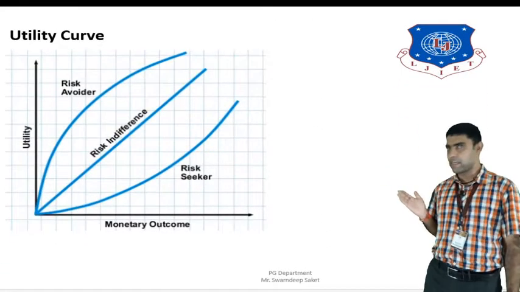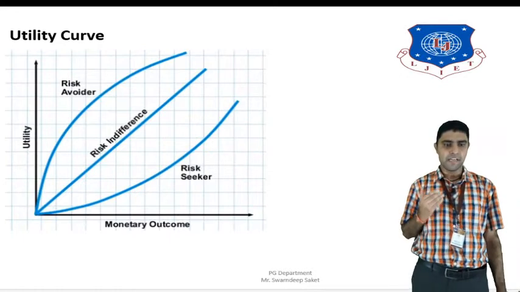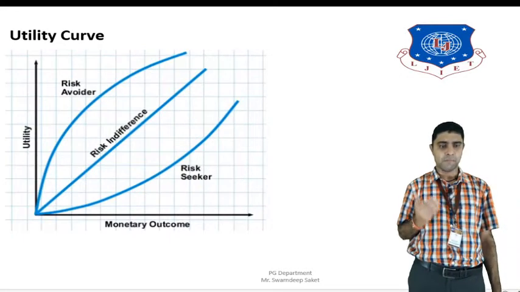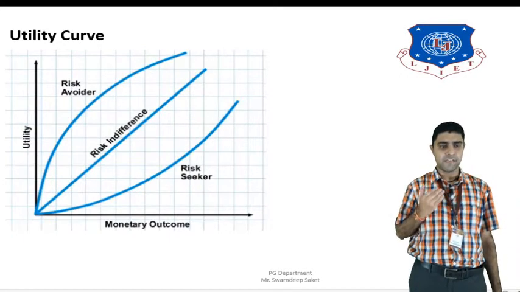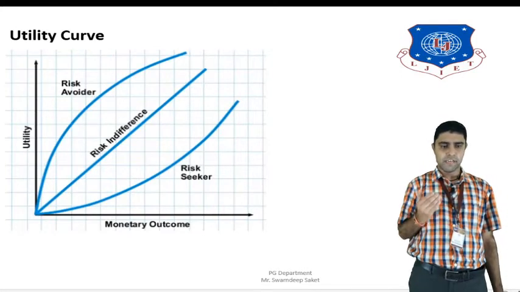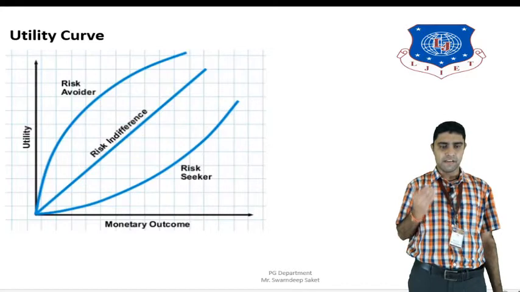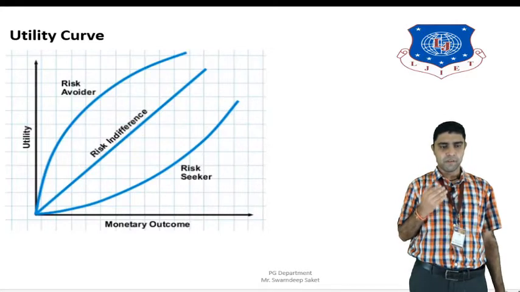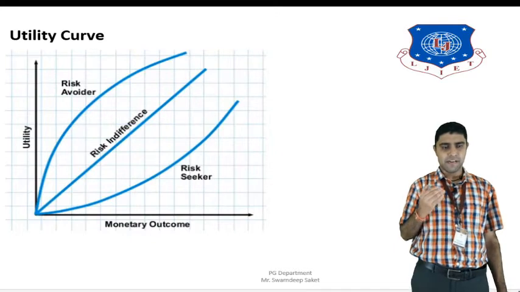Here, shown in the figure, is the utility curve. On the x-axis there is the monetary outcome, and on the y-axis there is the utility function. There are three functions used: risk avoider, risk neutral, and risk seeker. The risk avoider avoids both less risk and greater risk.